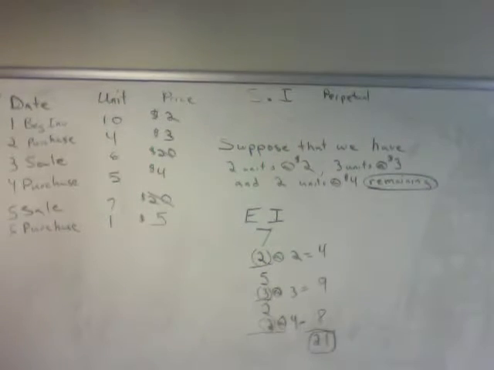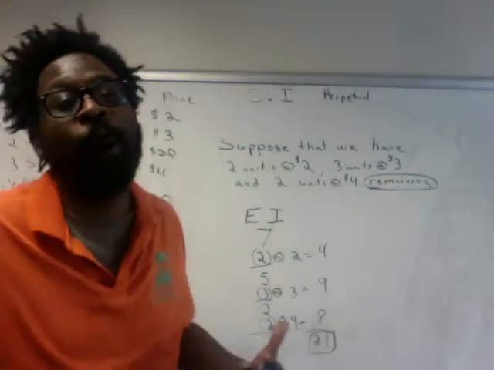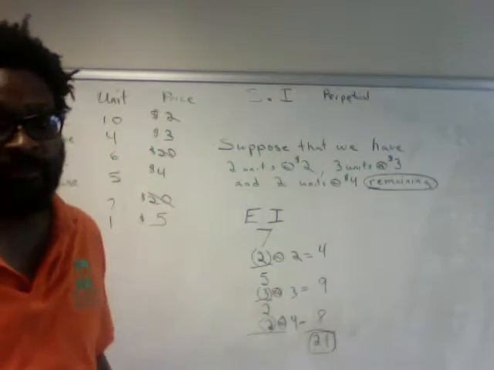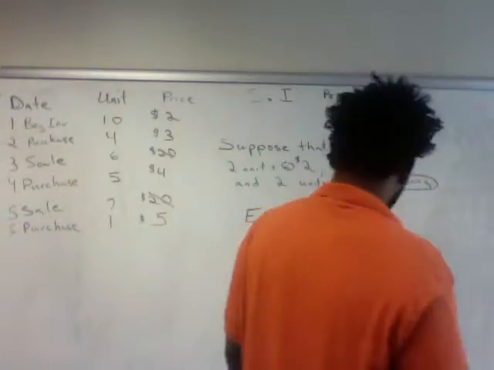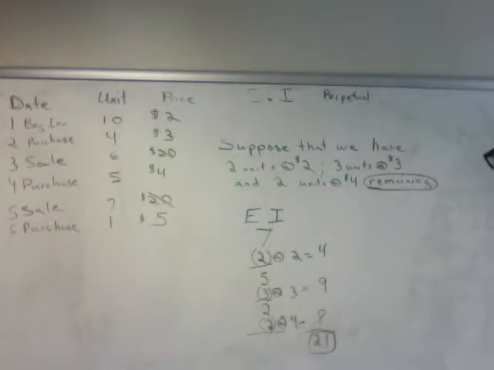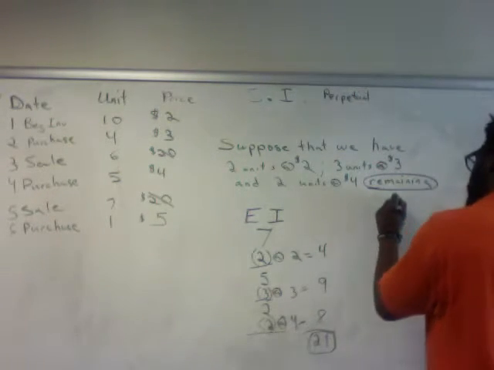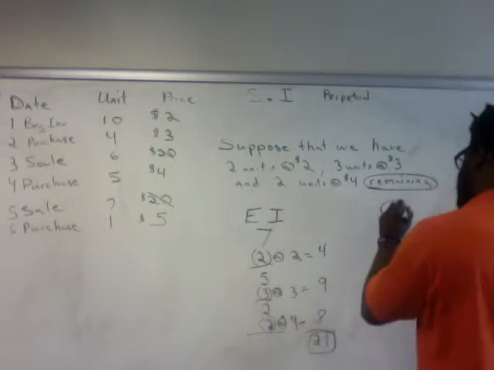Based on purchases, could tell us what we started out before we had the remaining amount. Pay attention and it'll make sense. So, now we're going to calculate our cost of goods sold.